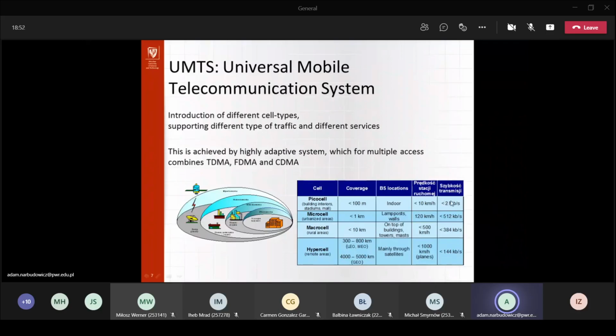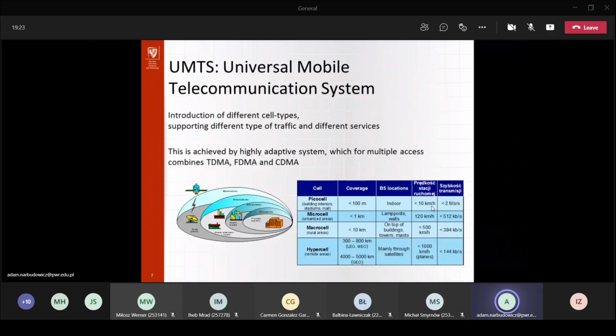Up to 4 times. Also, in terms of the picocell, you are not really expecting high speed of movement, right? For example, in terms of the Doppler effect within channel propagation, your channel is much more stationary than with other types. So typically the base station tolerates speeds up to 10 kilometers per hour, or even lower.